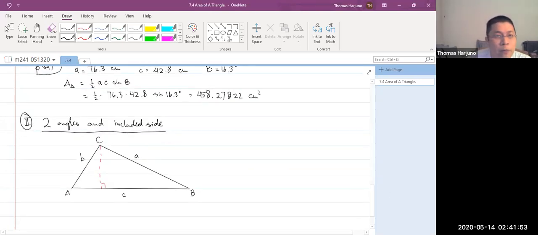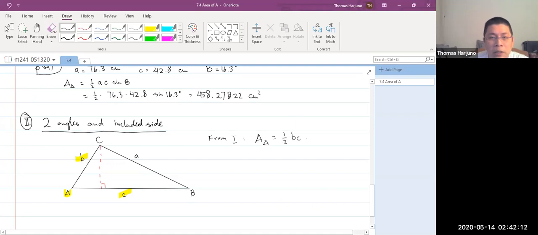Now we have known earlier, suppose I know A and B and C, then from part 1, we know that area is equal to 1/2 BC sine A.